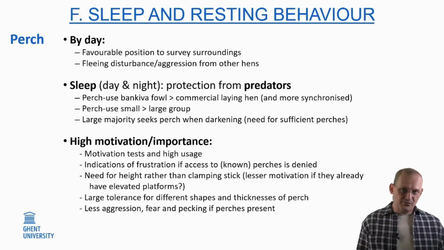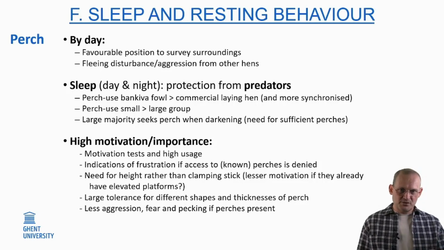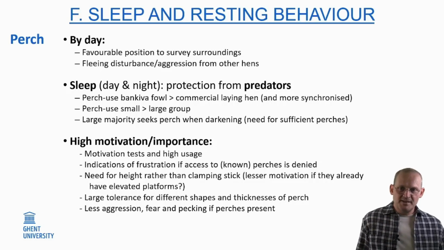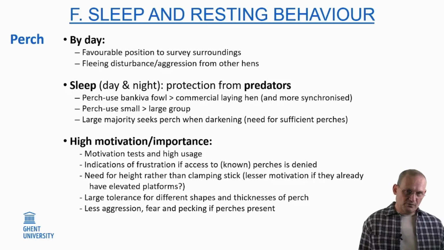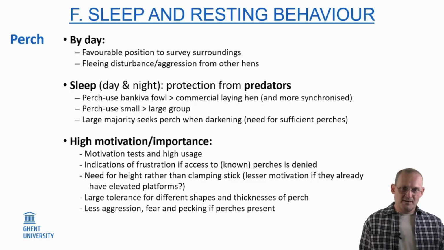There are indications of frustration if access to a perch is denied, and it seems rather that they have a need to roost somewhere high rather than to clamp something with their toes. That seems to be the perching need. But they have a large tolerance for different shapes and thicknesses of perches. And if perches are present, we typically see less aggression in the group, less fear, and fewer pecking problems.